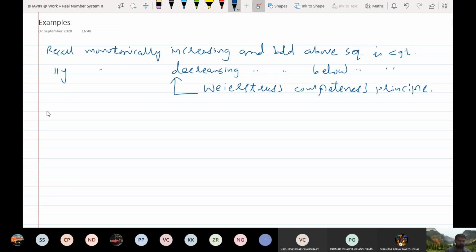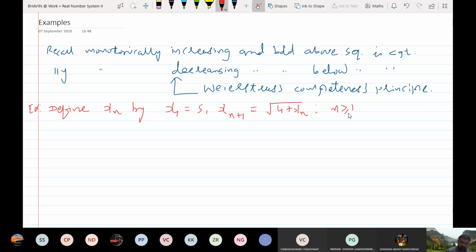Define xn by x1 is equal to 5 and the recurrence relation is given: x of n plus 1 is equal to square root of xn plus 4, for n greater than or equal to 1.